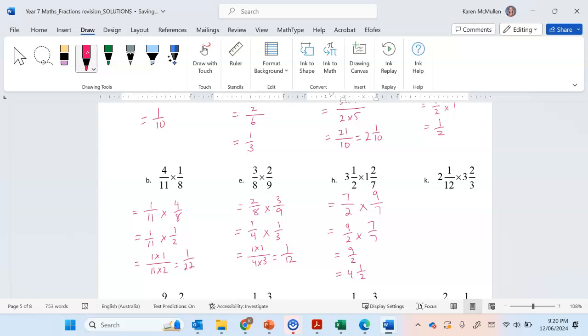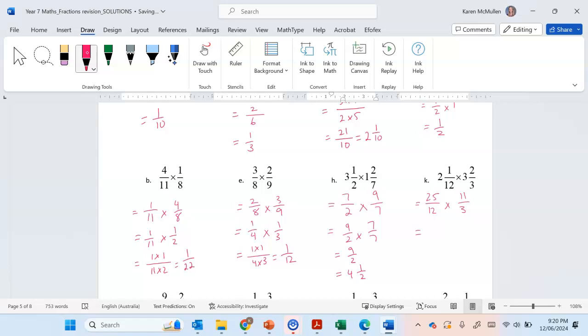All right, let's have a look at K. Converting it to an improper fraction, 2 times 12 plus 1 gives me 25. And then 3 times 3 plus 2 is 11. Now here's one where I can't actually simplify it, because switching them is not going to make it any easier for me, unfortunately.